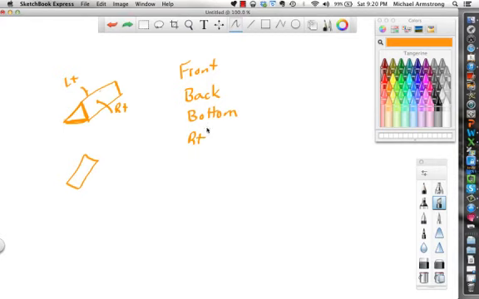I guess I could actually spell it out. And if we were to unfold it, I suppose what it would look like, you'd have this bottom edge, and then the left edge would get laid down flat, and the right edge would get laid down flat, and then you would be left with these little triangular pieces that get laid down flat.